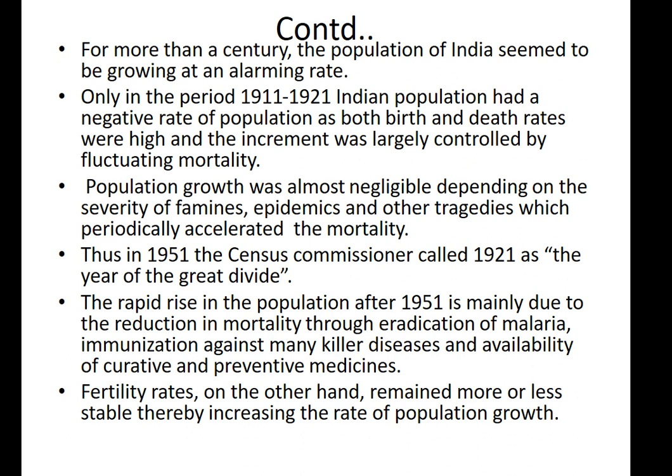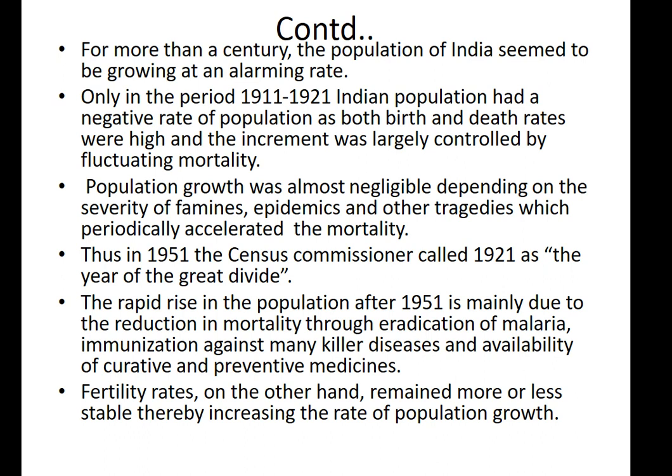Population growth was almost negligible depending on the severity of famines, epidemics and other tragedies which periodically accelerated the mortality. Thus in 1951, the Census Commissioner called 1921 the year of the Great Divide.